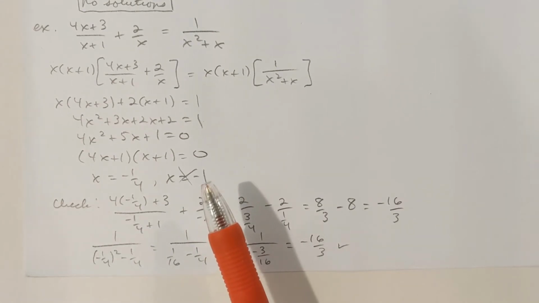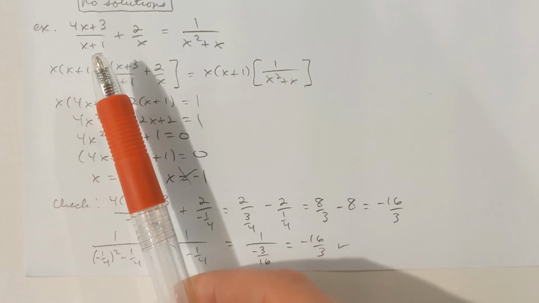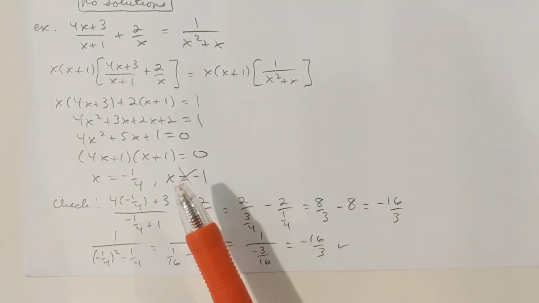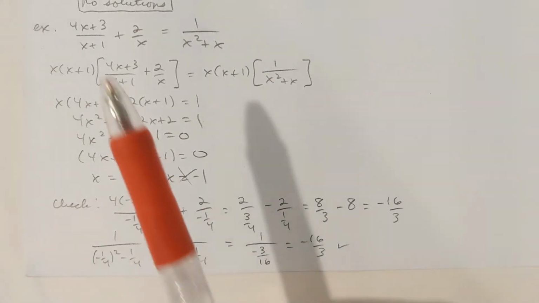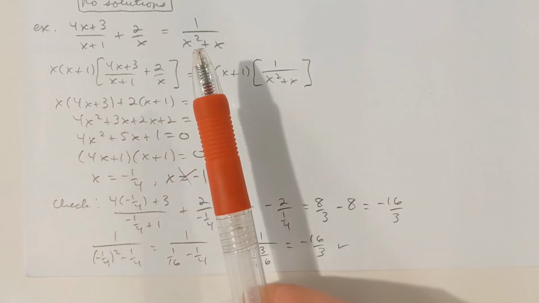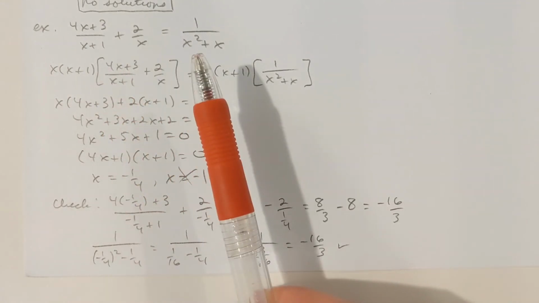We can see again that negative 1 is going to be a problem in that we can't divide by 0, so that number is extraneous. We'll throw that away. Negative 1/4 does not create 0 in the denominators of either one of these three fractions.